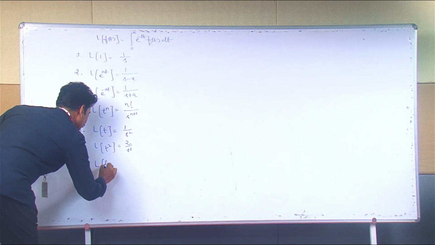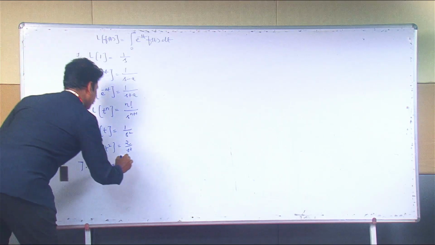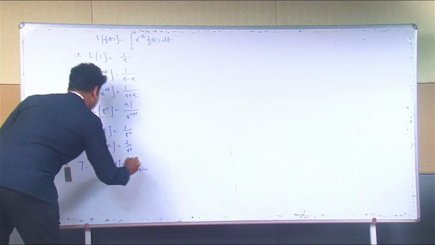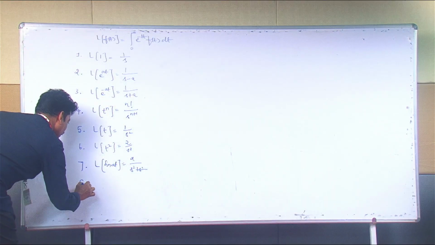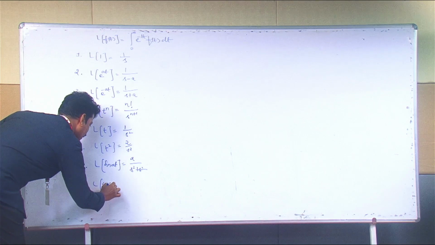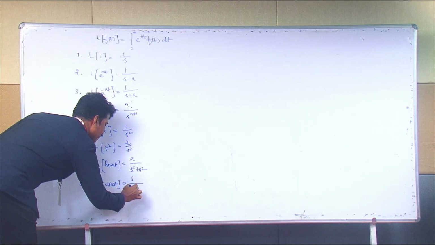L of sin at equal to a divided by s square plus a square. And the eighth one is L of cos at equal to s divided by s square plus a square.